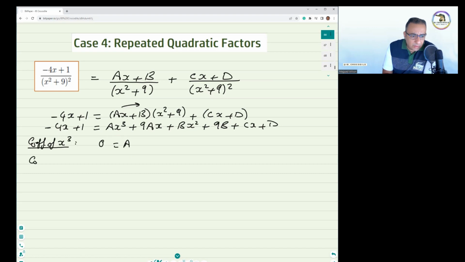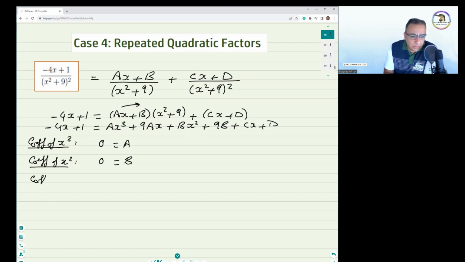Now let's have a look at the coefficient of x squared. In the same manner, there is no x squared on the left-hand side, so the coefficient is 0. But then I see here only bx squared, right? So that implies b is 0. That means a is 0 and b is 0.